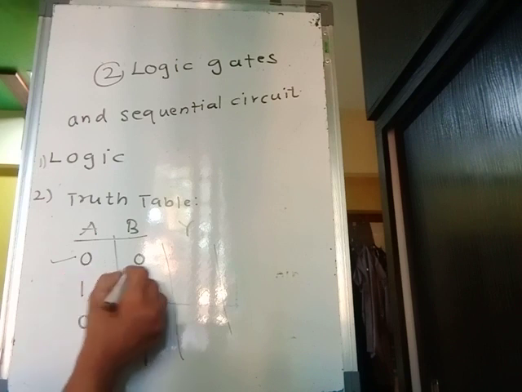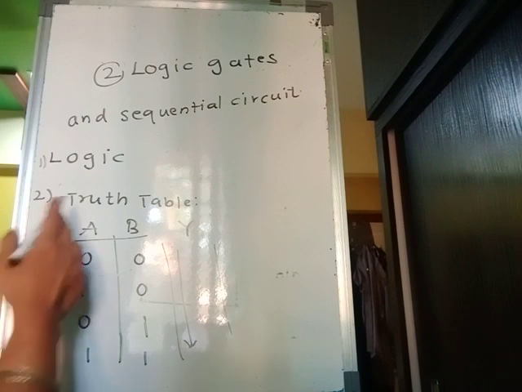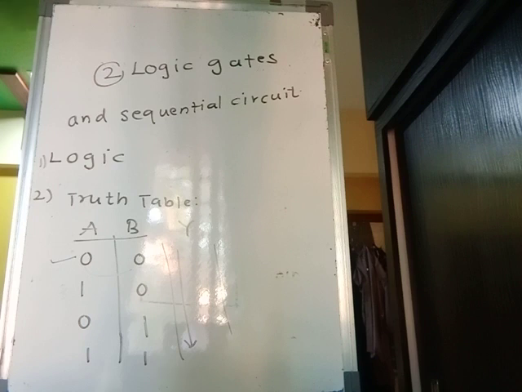After giving this input, what will be the output? This showing is known as the truth table, meaning all possible combinations of input which give us the output.